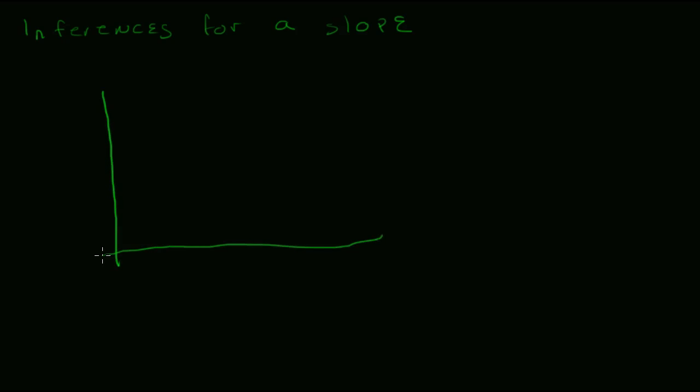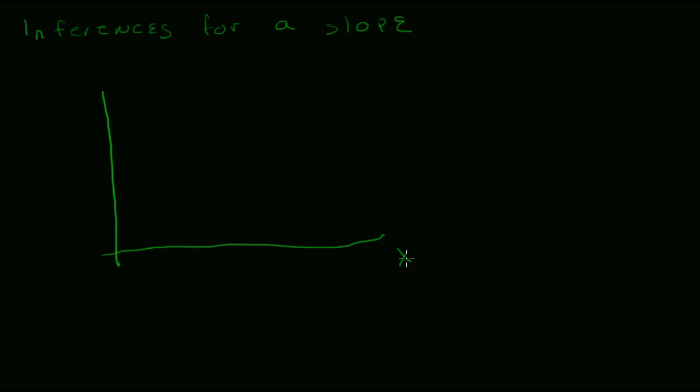Okay, so in this section we're going to take a little bit of time and talk about drawing inferences for a slope. So what's going on here is you have a set of data that has two characteristics.